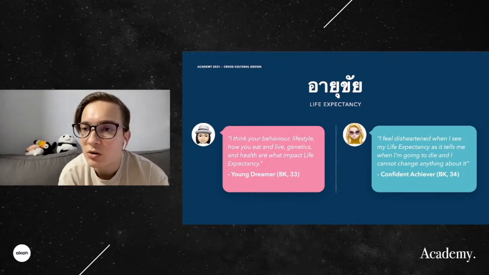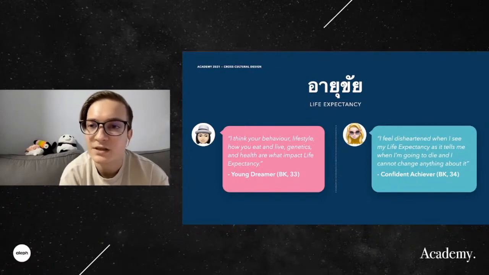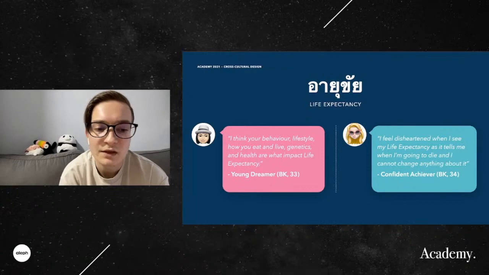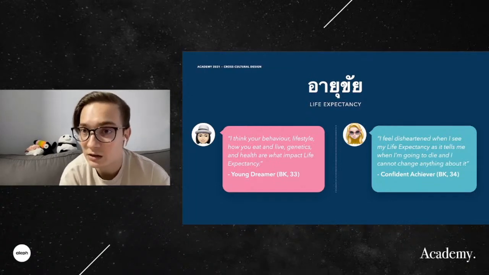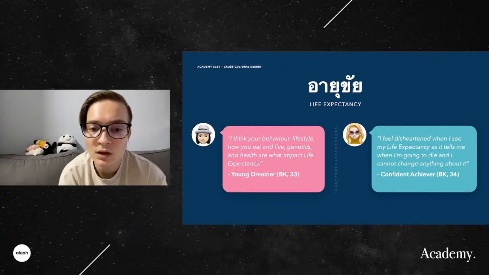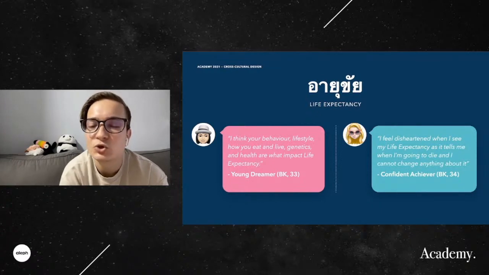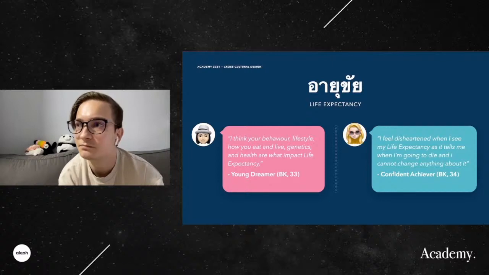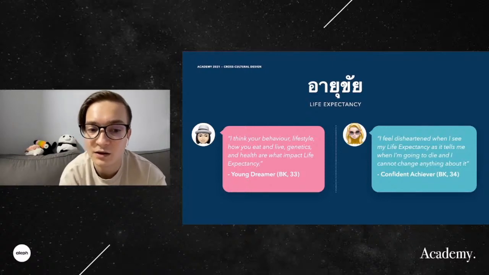According to our local research team that actually spoke to the users, this term that they selected for life expectancy could mean two different things. On one hand, it had the natural medical life expectancy meaning, but on the second, it brought up some superstitious beliefs, like something predetermined by the highest power, the divine.